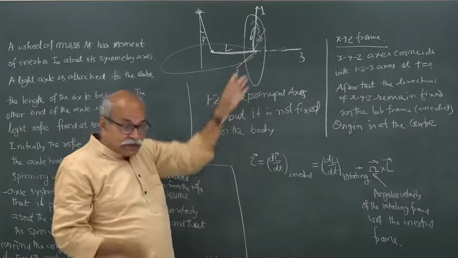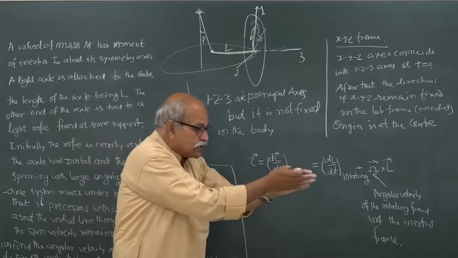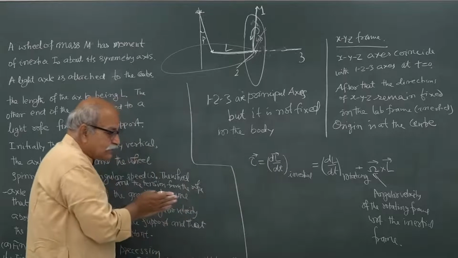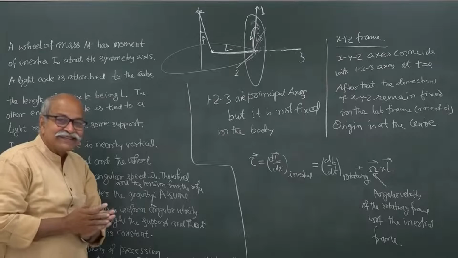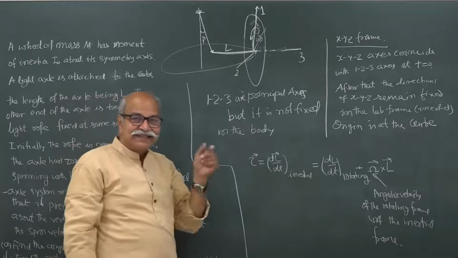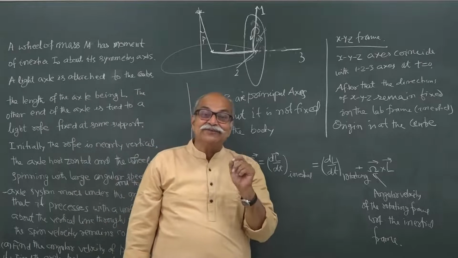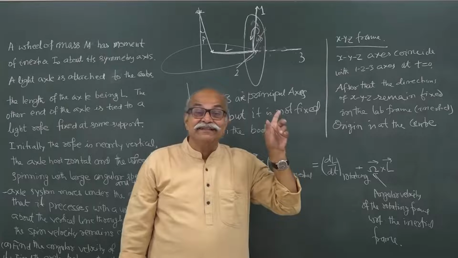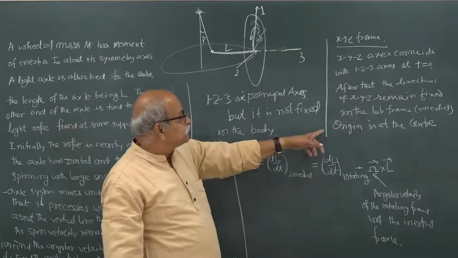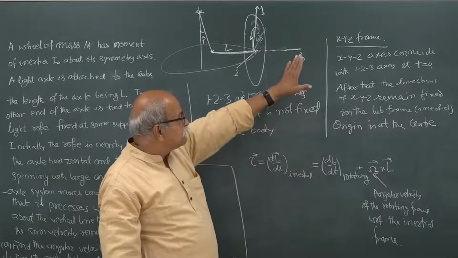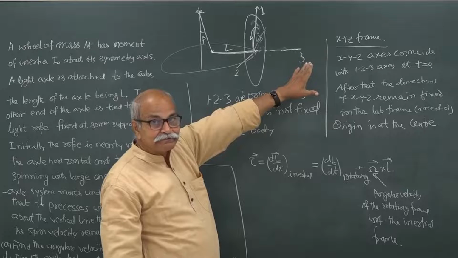Origin will change, but the direction will not change. If this is the x axis, the origin has gone here, it comes here, this is still the x axis. X axis, y axis, z axis will not change orientation, 1, 2, 3 axis can, right. So, that is how we are defining xyz frame.